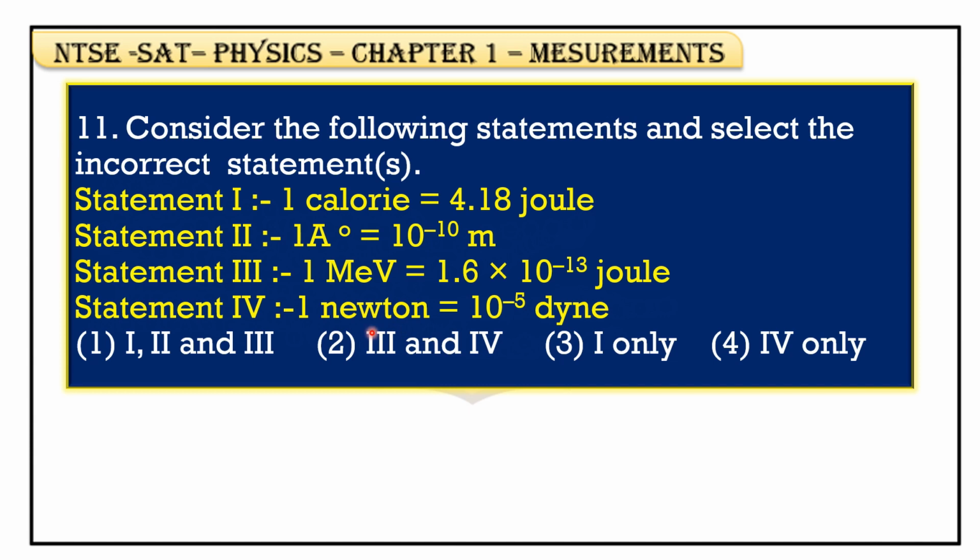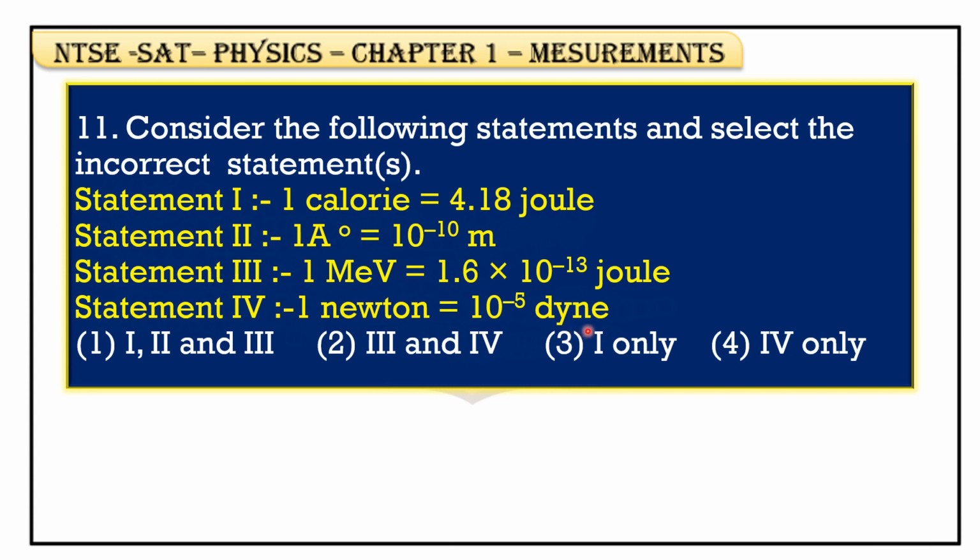So 1 calorie is equal to 4.18 joules, correct. 1 Angstrom is equal to 10 to the power of minus 10 meters, correct. 1 mega electron volt is equal to 1.6 into 10 to the power of minus 13 joules, correct. 1 Newton is equal to 10 to the power of 5 dynes, so this is the wrong statement.